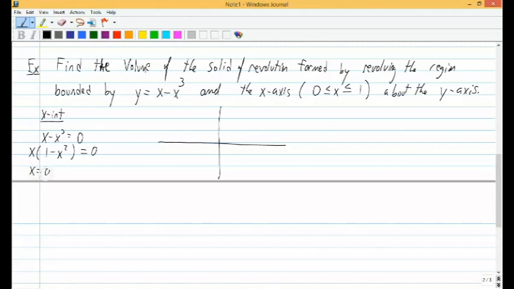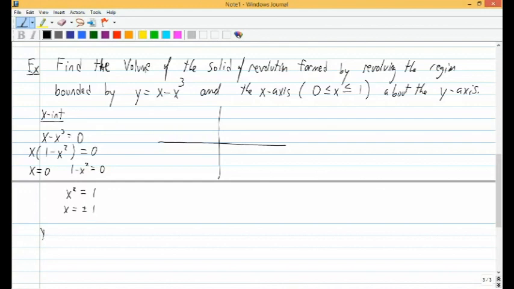So we know we're going to cross at x equals 0. And then if I move my x squared over, I would have x squared equals 1. So I know that this graph will also cross at x equals plus or minus 1. So we know we're going to touch the x-axis in those three places.